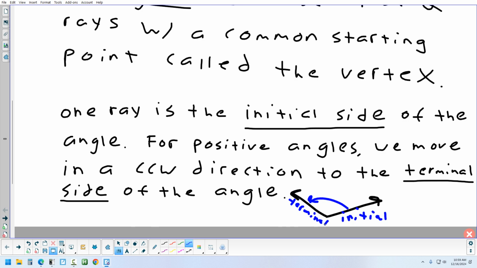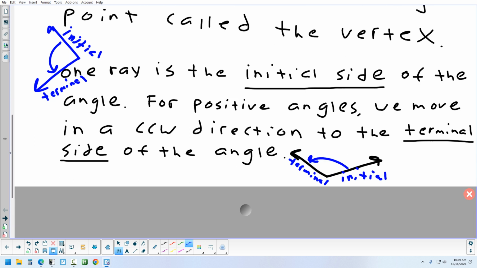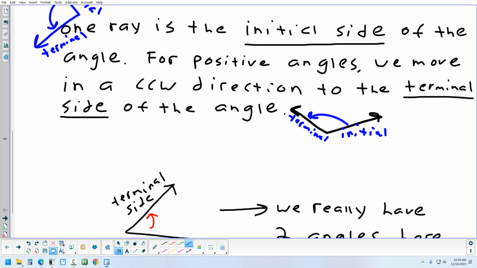And it wouldn't matter how you turned that. If you did it like that, rotating counterclockwise, that's the initial. And that's the terminal. There's another example there.